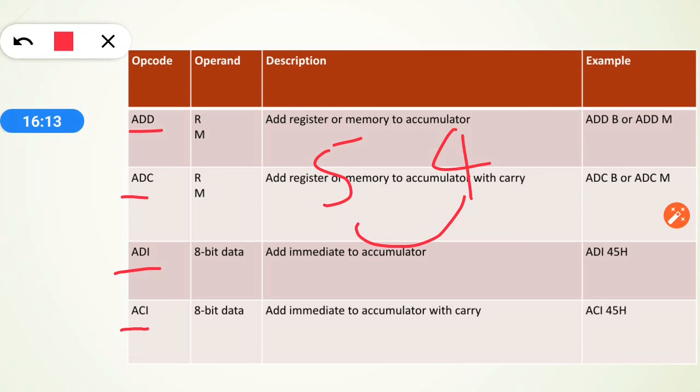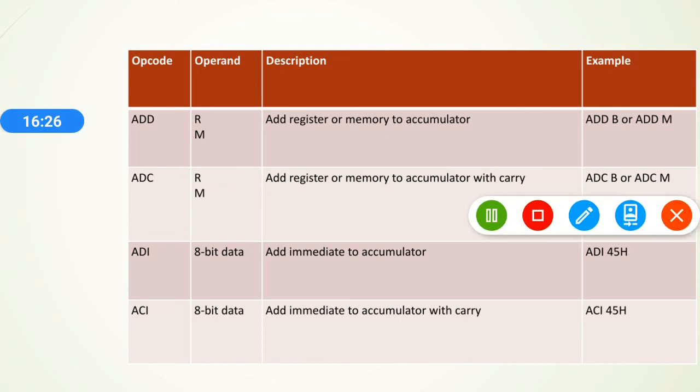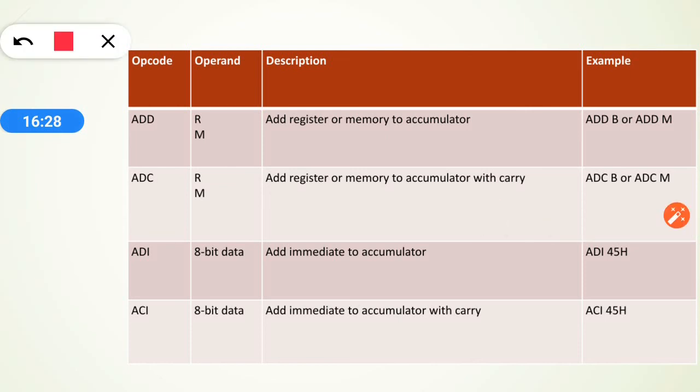You can load it using the previous instructions, that is MOV, MVI, LDA, right? Your second number can come from the general purpose registers, a memory device, or direct input, meaning immediate data.